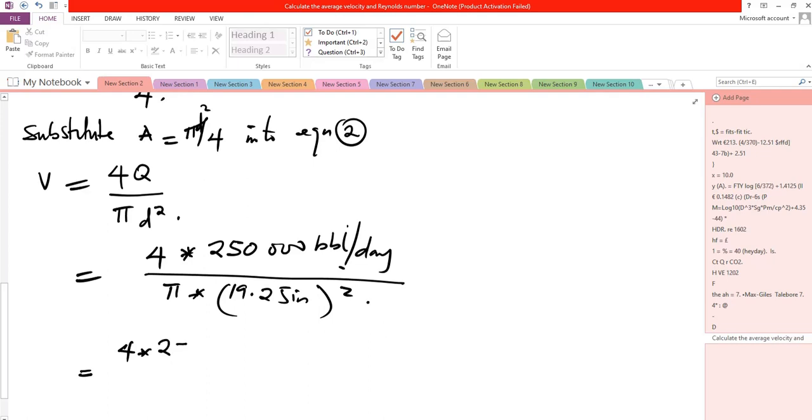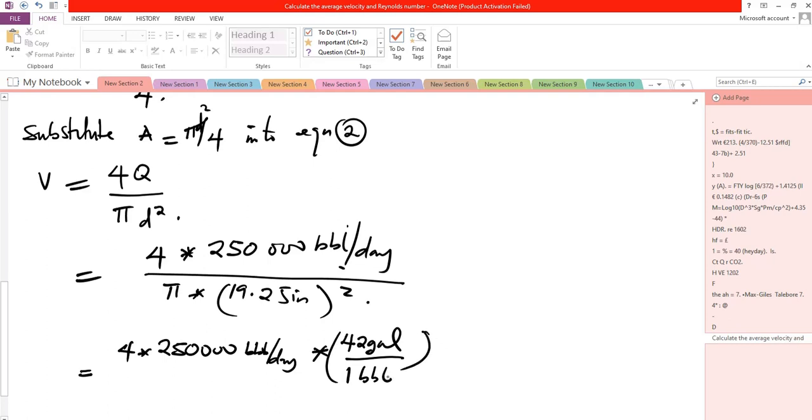You say 250,000 barrels per day times, so one barrel is equal to 42 gallons. So now you have 42 gallons over 1 barrel.